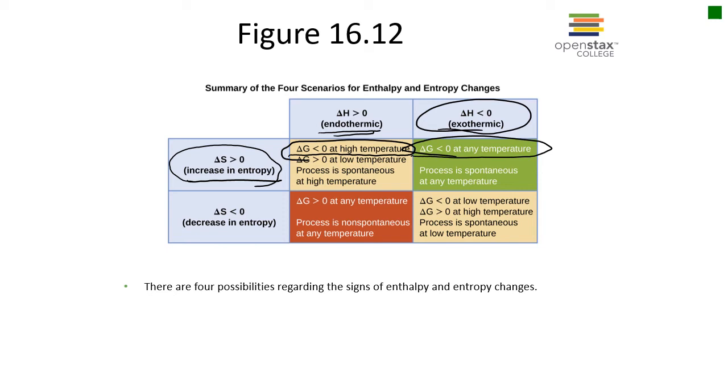If the entropy is going down, if it is becoming ordered, and it removes heat from the surroundings, then there's going to be nothing in our favor because the entropy of everything is going to go down and will never be spontaneous. And here, if it is a negative delta S and a negative delta H, it's going to be spontaneous at low temperatures.